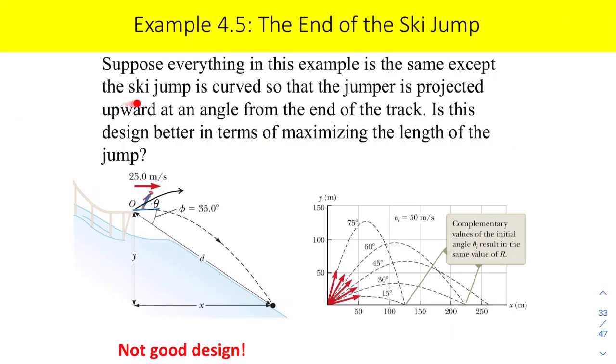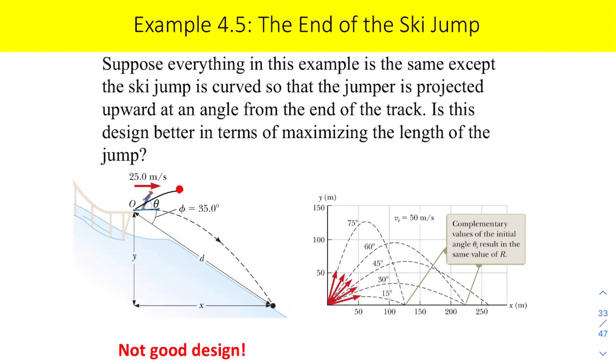Suppose everything in this example is the same except the ski jumper is curved so that the jumper is projected upward at an angle from the end of the track. Is this design better in terms of maximizing the length of the jump? This is not a good design. Why? Now the jumper is going to take this kind of path, instead of going horizontally initially.